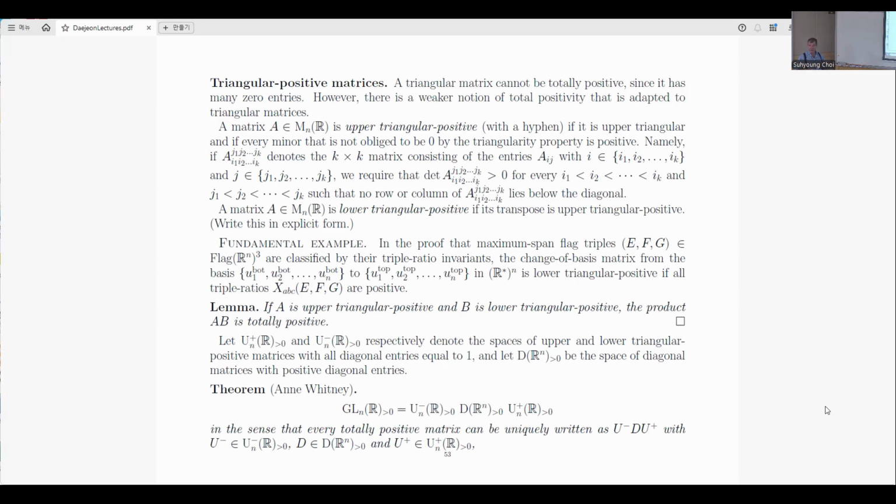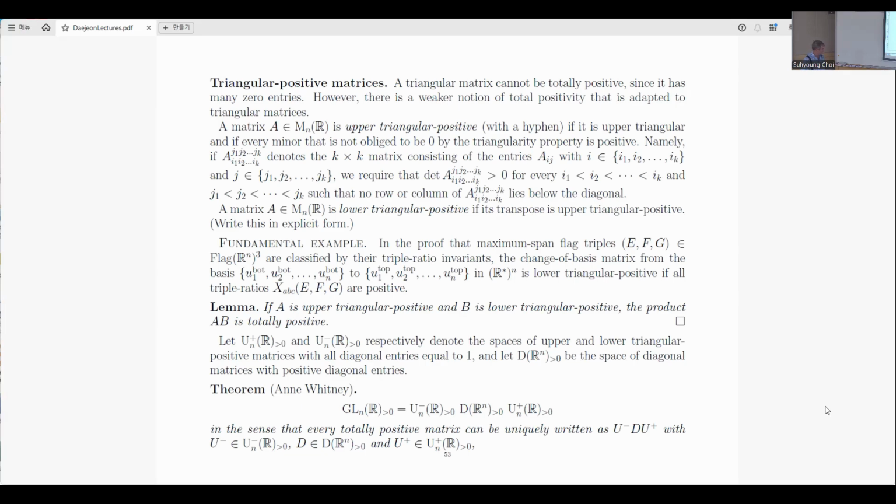They're called the unipotent matrices. So you have U_n^+(R), U_n^-(R), and the diagonals. And then if you're interested in this positivity property, you can take the upper unipotent matrices that are triangular positive, the lower unipotent matrices that are triangular positive, and the diagonal matrices where all the diagonal entries are positive.